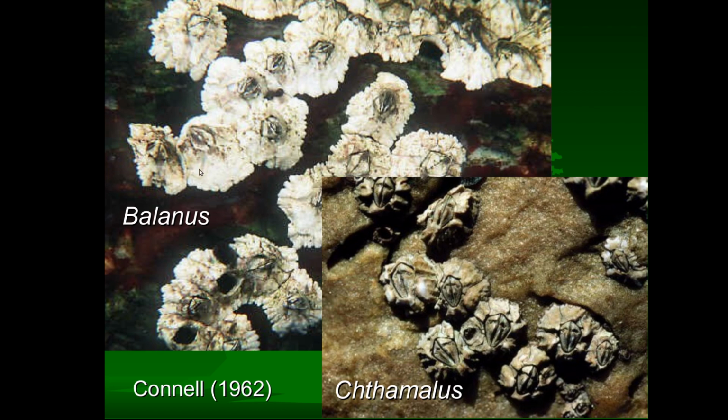Balanus tended to occur lower in elevation on the shoreline on the rocks, while Chthamalus occurred at higher elevation. And adults of the two species had very little spatial overlap, if any. However, larval and juvenile distributions did overlap quite a bit.